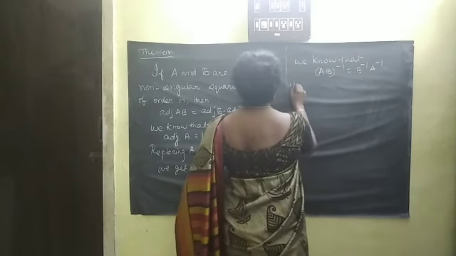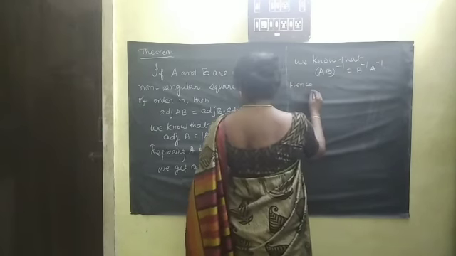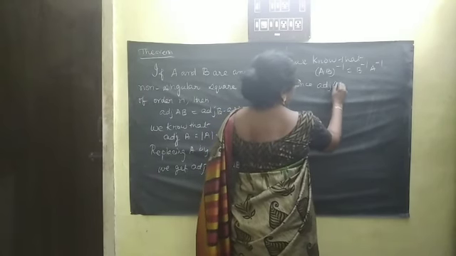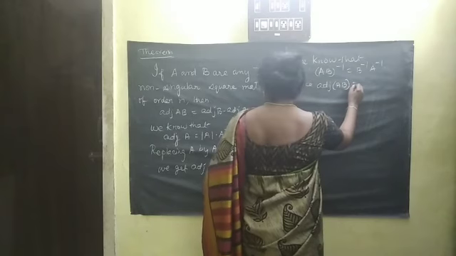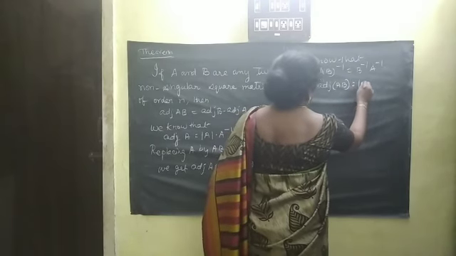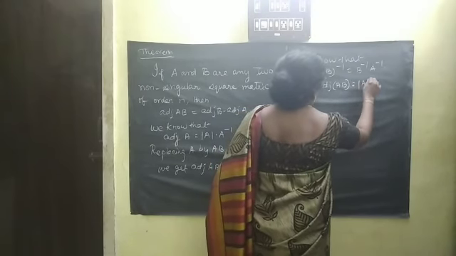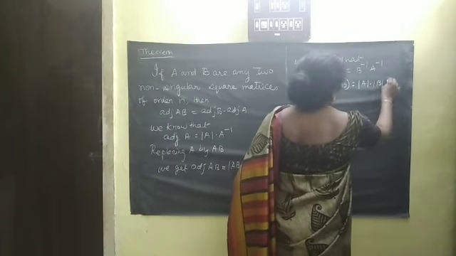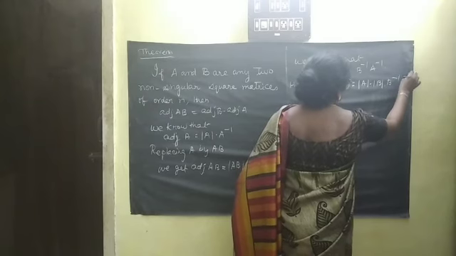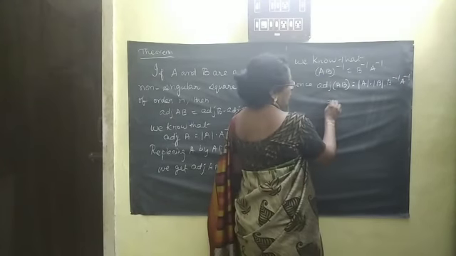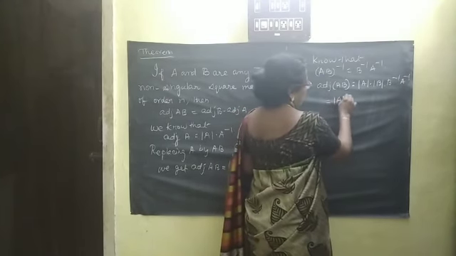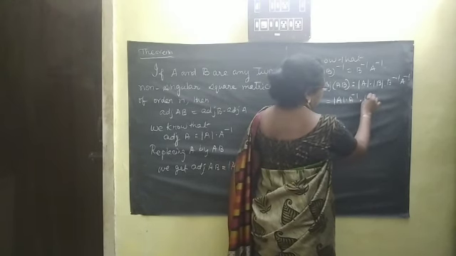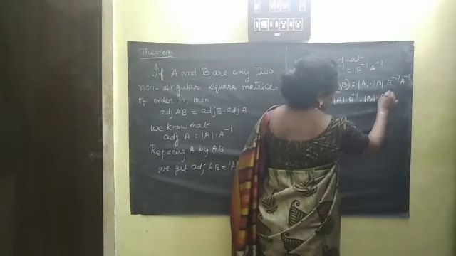Hence, adjugate of AB is equal to determinant A into determinant B into B inverse A inverse. This can be rewritten as determinant A into A inverse into determinant B into B inverse.